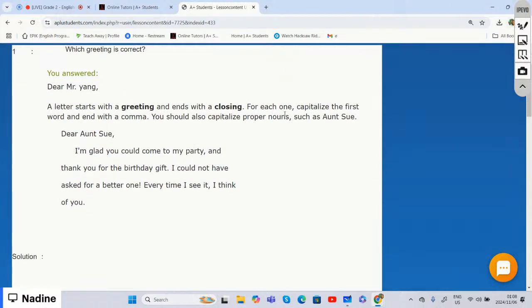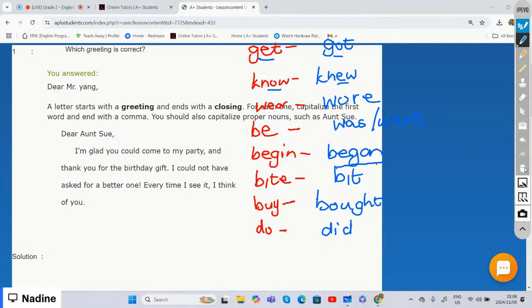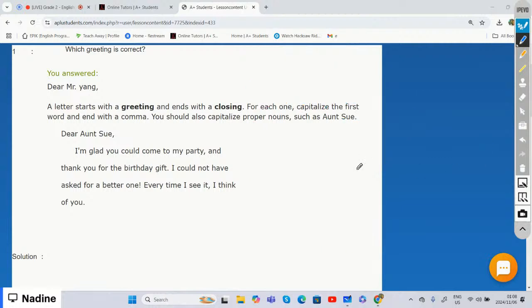And if we look at an example, no, actually, before we go to our example, a letter starts with a greeting, and a letter ends with a closing.